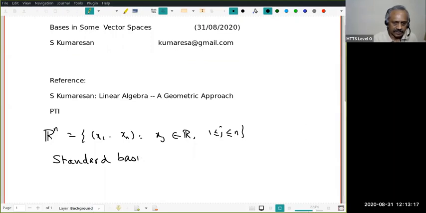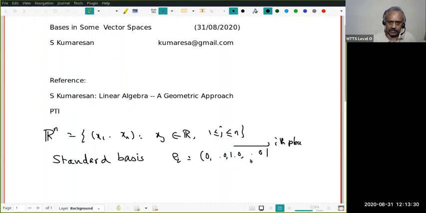This is called the standard basis, namely ei, where 0, 0, 1, 0, 0, where this 1 is at the ith place. This ith coordinate is 1, and at the other places it is 0. And if you think of Rn as column vectors, then you should write it like this: 0, 0, 1, 0. This 1 appears in the ith coordinate.